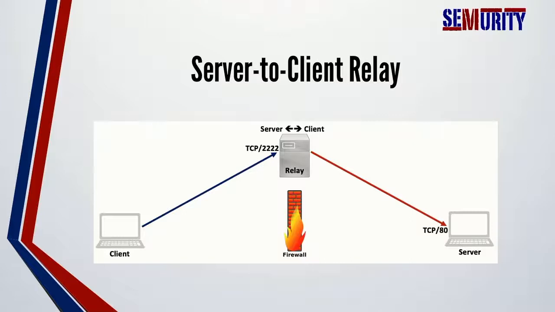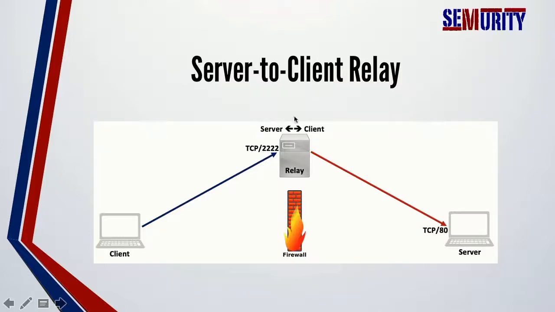Server to client relay, meaning the relay will act on one side as a server, listening on a specific port, and then we will connect to that port, to that Netcat server.